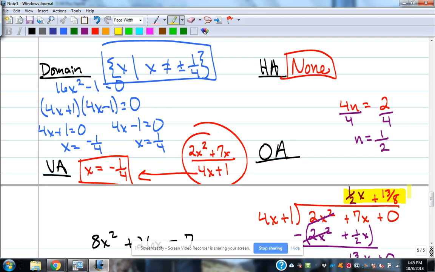Right there, mx plus b. That's slope-intercept form. I don't even have to do the multiplication and the subtraction. I don't have to do anything else. If I can get that number there, I'm good. That's my slope-intercept form. That's my oblique asymptote: y equals 1/2 x plus 13 over 8.